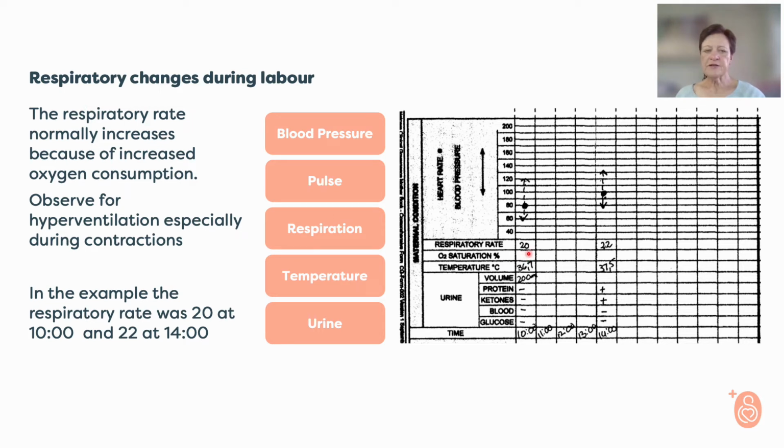And it is being recorded here. For example, here you can see that the respiratory rate was 20 respirations per minute, and in this case 22 respirations per minute. And one important thing, there's not really space on the partograph to record that, is to look out for hyperventilation, and specifically during contractions when the mother really experiences a lot of pain.